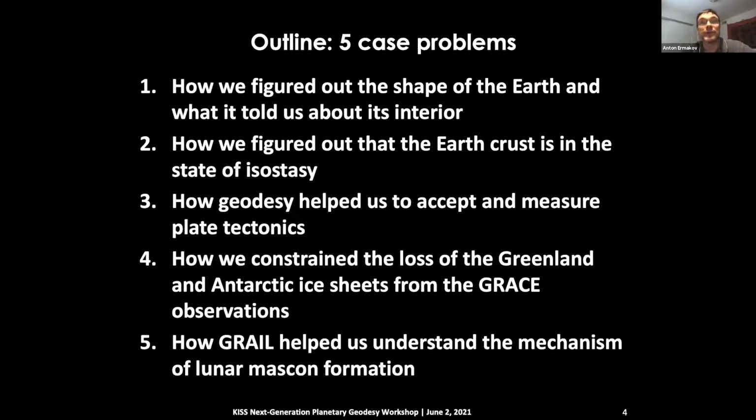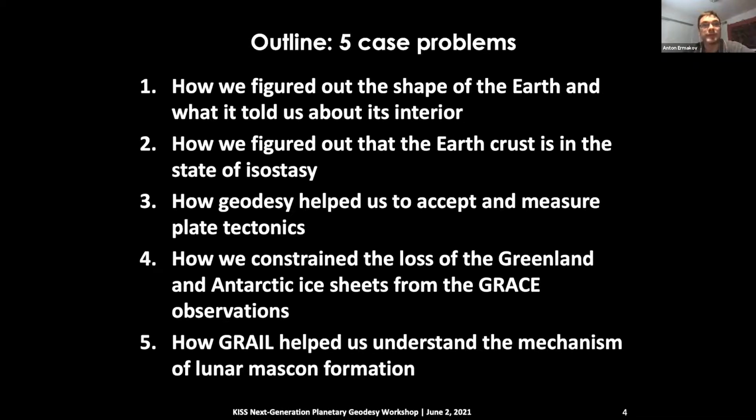This is a list of the 5 problems I'm going to cover in this presentation, starting from a very basic understanding of the shape of the Earth and how geodesy allows us to connect it to the internal state of the Earth, then isostasy and flexure of the Earth's lithosphere, then also how geodesy helped us to accept and measure plate tectonics on the Earth.